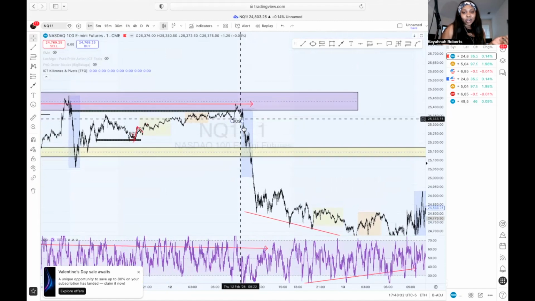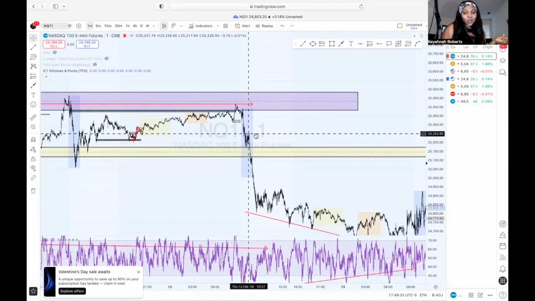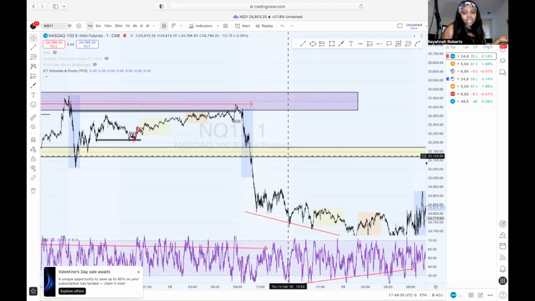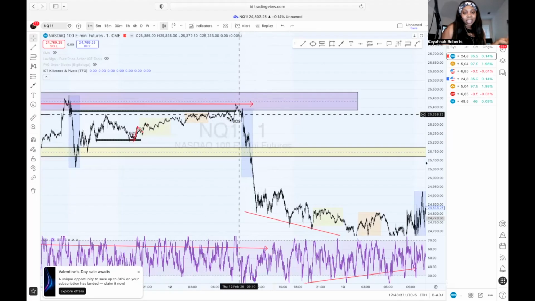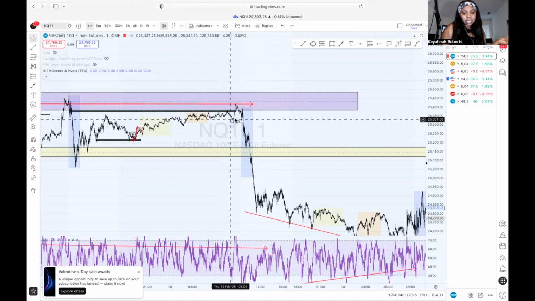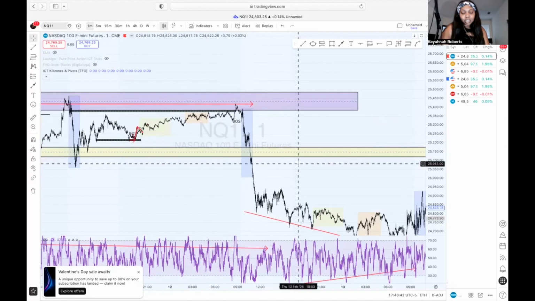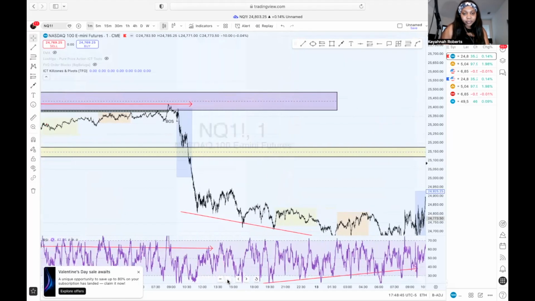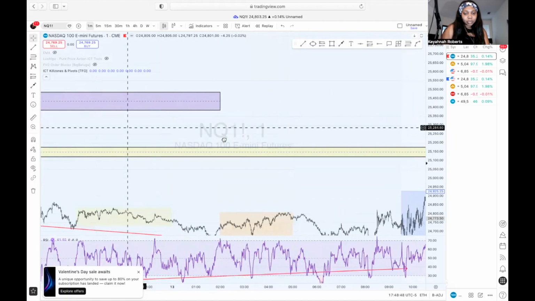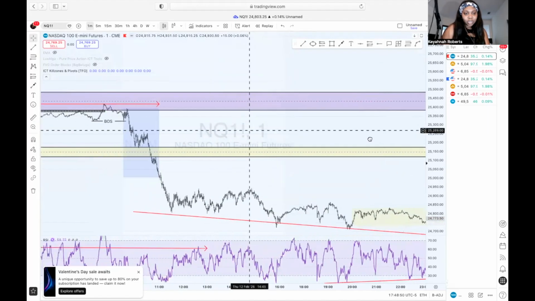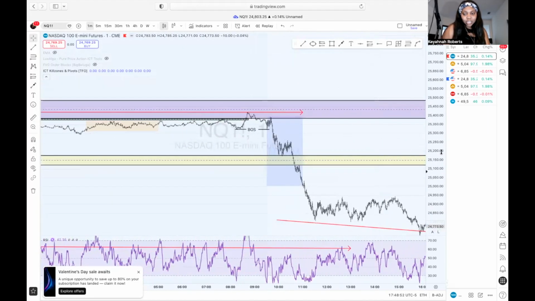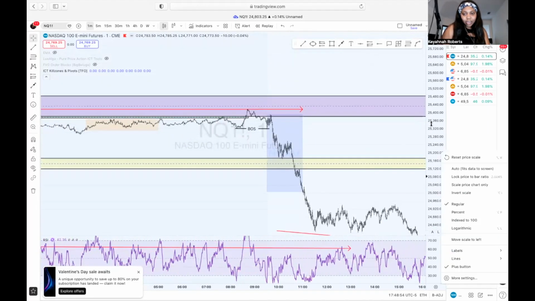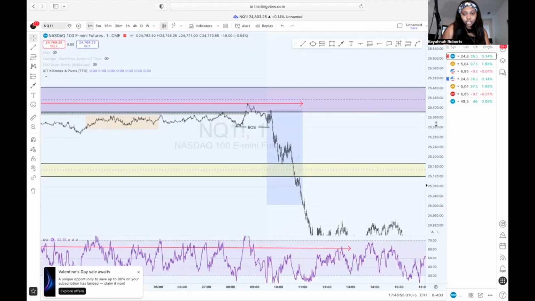It created a little lower high right here, but I wanted the break and retest of this last low right here. So as you can see here, okay, let me move this over. As you can see here, I had my structure.